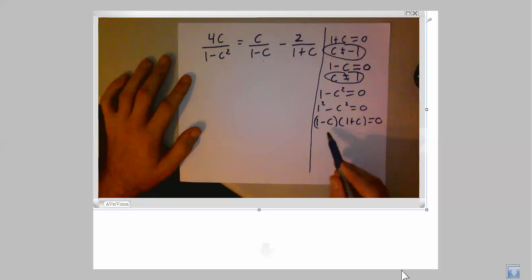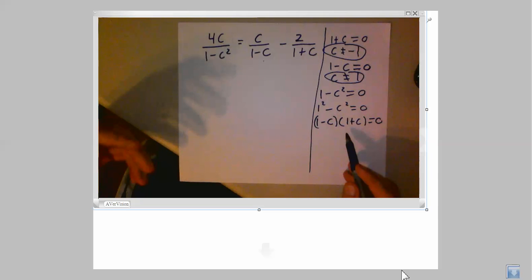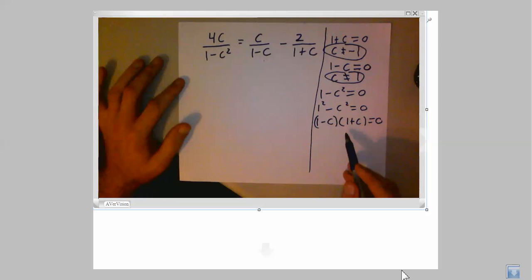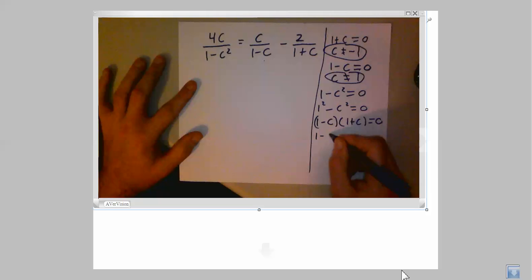Whenever you have the product of two numbers, or in this case two parentheses, which is just two numbers, equal to 0, that means either this parenthesis equals 0 or this parenthesis equals 0, right? Because whenever you multiply two things together and they equal 0, it means one of them is 0. So that means 1 minus C is equal to 0, or 1 plus C equals 0.